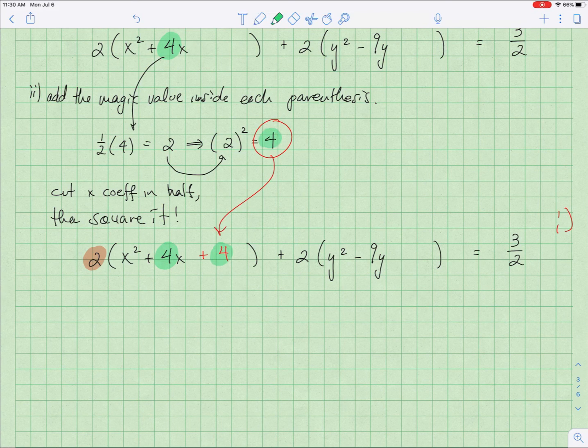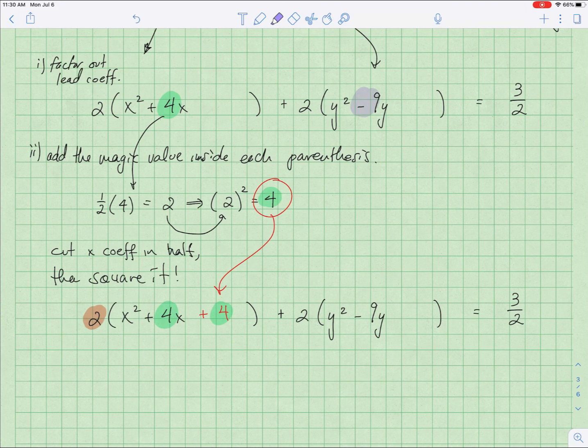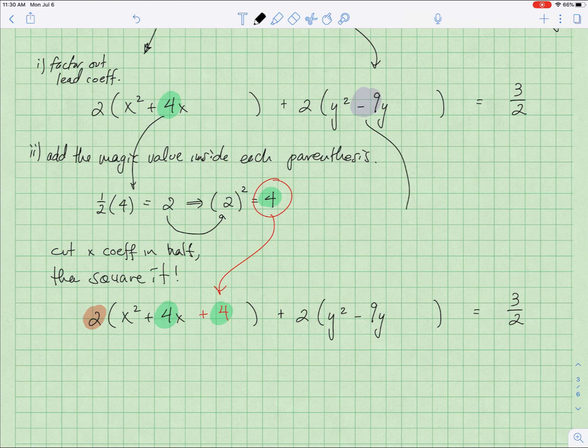Okay, now to find that other magic value for the y's, we're going to do the same thing, but we're going to do it in lavender. So we're going to take the coefficient on y, our linear coefficient, and drag that down here.